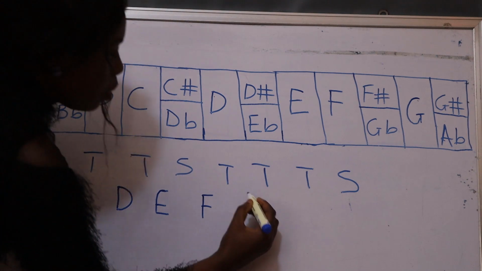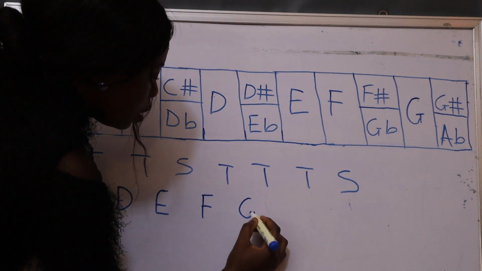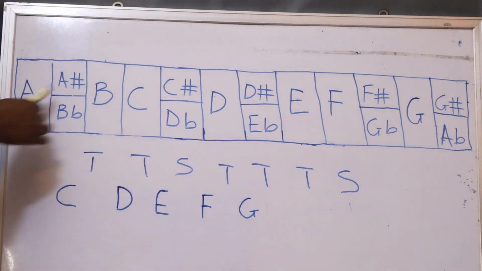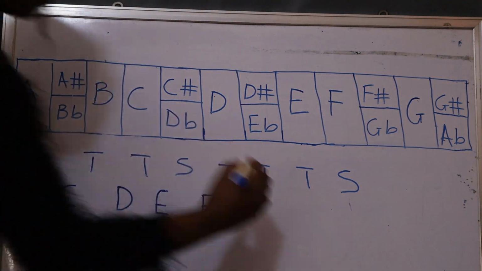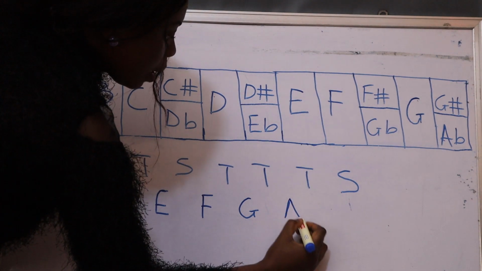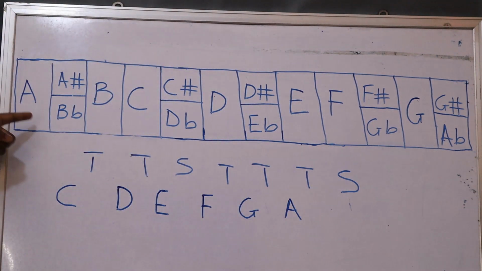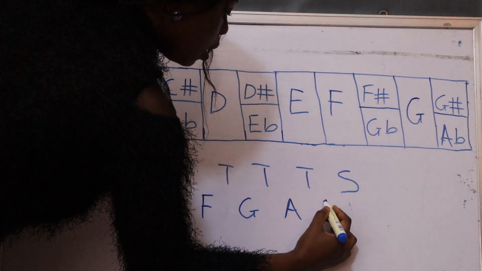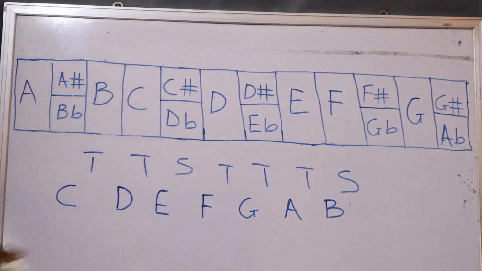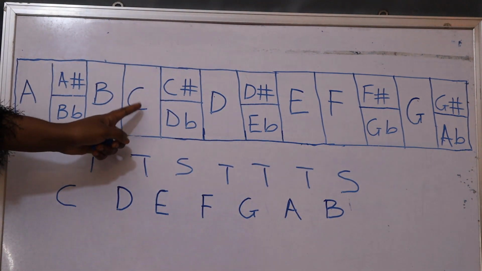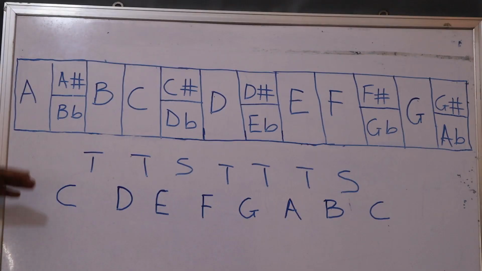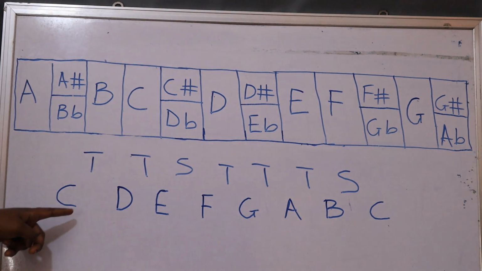So the fifth will be G, and a tone from G would be A. So the sixth will be A. We need another tone, so a tone from A would be B, and then a semitone will be back to C. So this here is the C major scale.